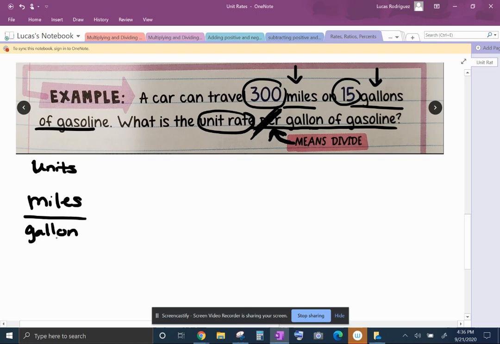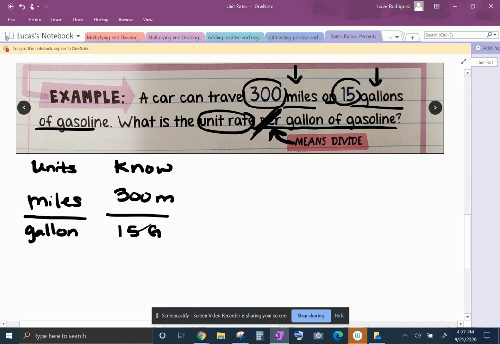So it's going to be miles over gallons. And that's exactly how they put it here, miles first, then gallons. And so we're going to put down what we know. What we know is that there are 300 miles, and you can do 300 miles for 15 gallons.